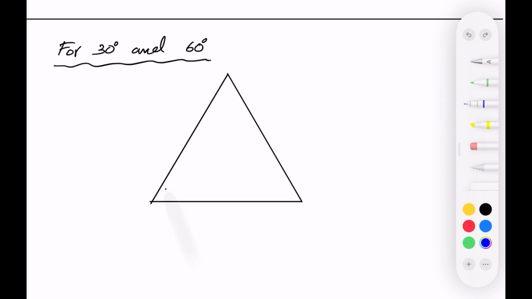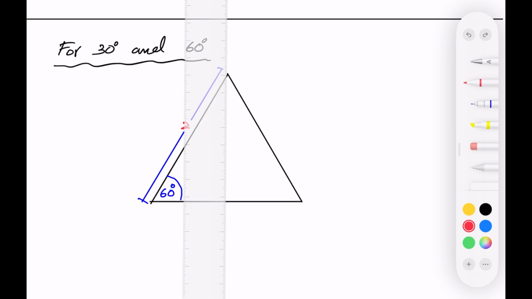This angle is equal to 60 degrees. Let me also show the length of one side of this equilateral triangle. That side has a length of 2 units. Now what I'm going to do is I'm going to draw a perpendicular bisector from this vertex to this base. Since it's perpendicular, this angle right here should be 90 degrees.